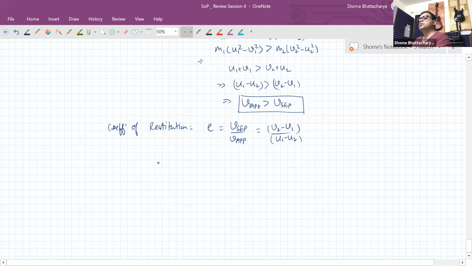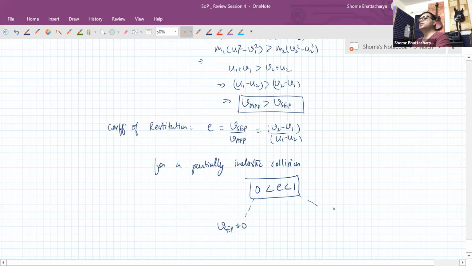So for a partially inelastic collision, the coefficient of restitution is greater than 0 but less than 1. Greater than 0 because V separation is not equal to 0. But less than 1 because V separation is less than V approach. So that particular parameter is called the coefficient of restitution.